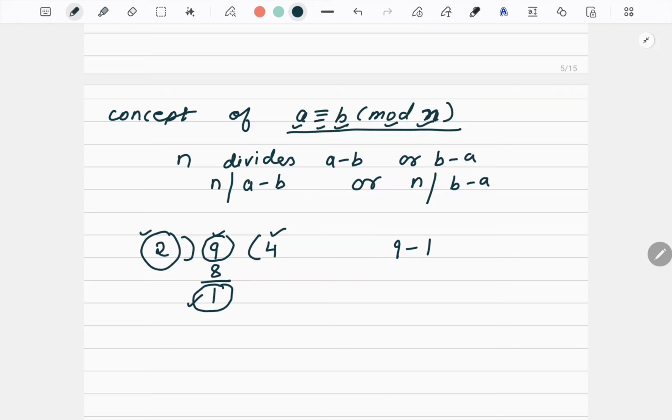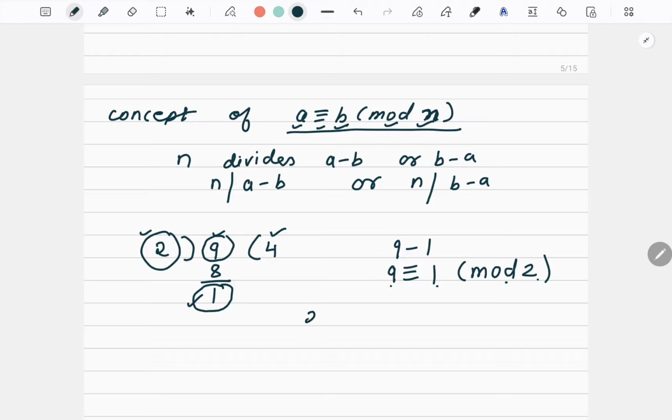So when you divide like this, you can always write 9 congruent 1 mod 2. It means 9 minus 1 is divisible by 2. So this is how division and congruency are connected. Understand the concept of what I did.